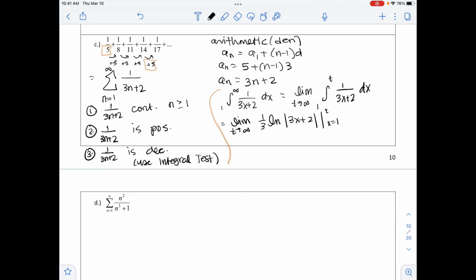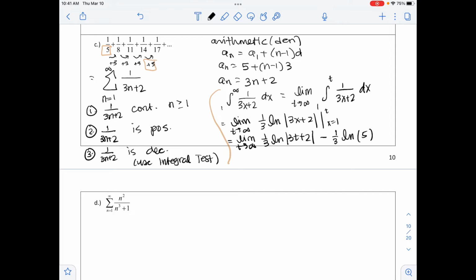And so we're first going to substitute in t. So we have the limit as t approaches infinity of 1/3 times the ln of 3t plus 2, minus, and then substituting in 1, we're going to have 1/3 ln of 3 times 1 plus 2, which is 5.